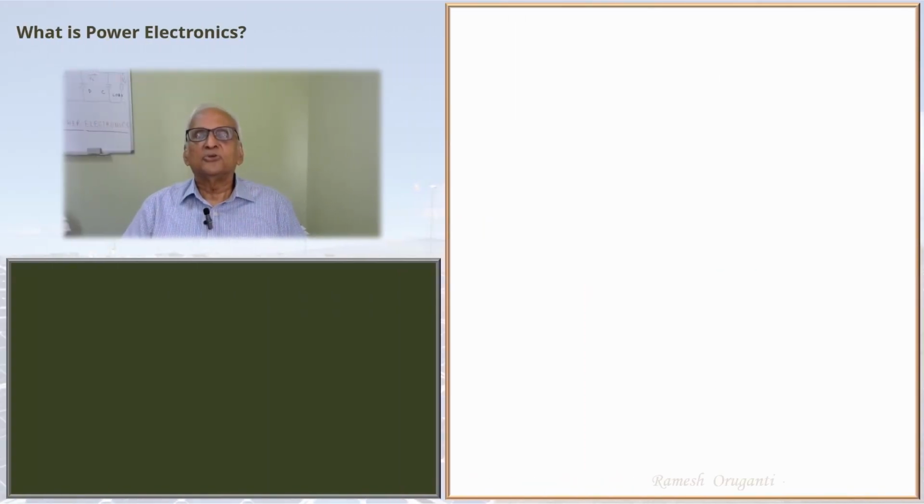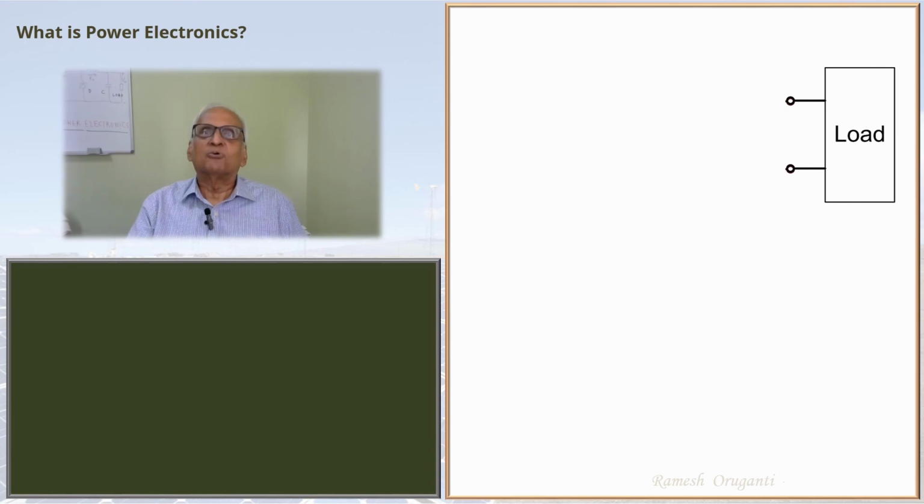Suppose you have a load. So what's a load? Load is anything that takes power. For example, if you have your mobile phone or cell phone, and it takes electrical power from the cell phone battery, so the rest of the cell phone is a load for the cell phone battery.